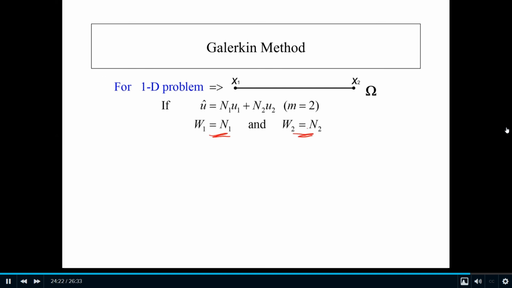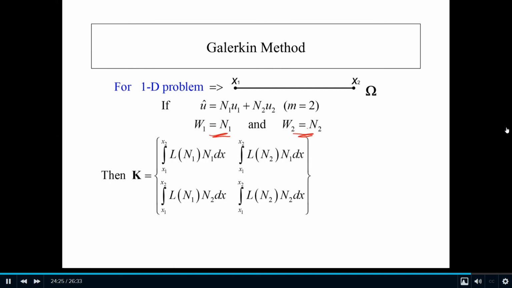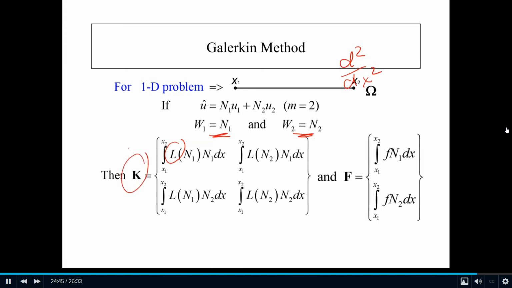Then your K matrix will look like this. If you want to really solve this problem, for example if operator L is d squared by dx squared, you have to integrate to get the form of K and then the form of F, and solve for U1 and U2 here.